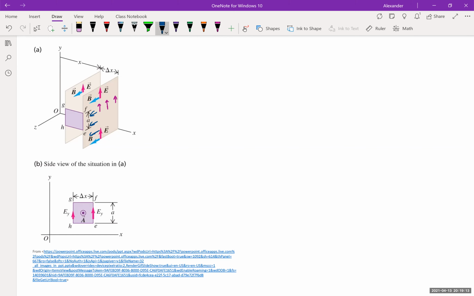On the other plane that's drawn, those two fields might have different magnitudes from this one, but within that plane, they are the same. Again, plane uniform, we can say. I guess YZ plane uniform.